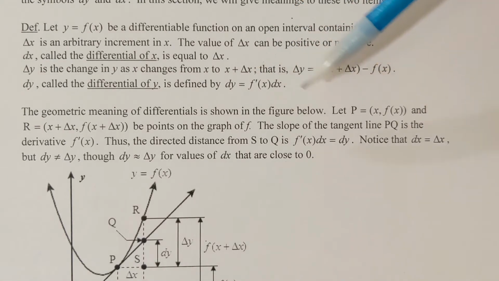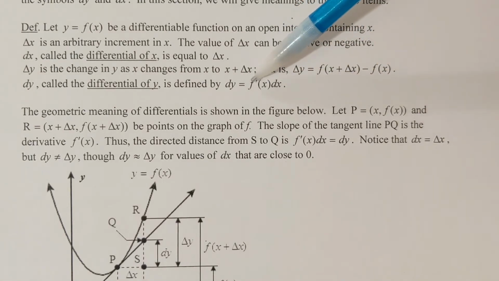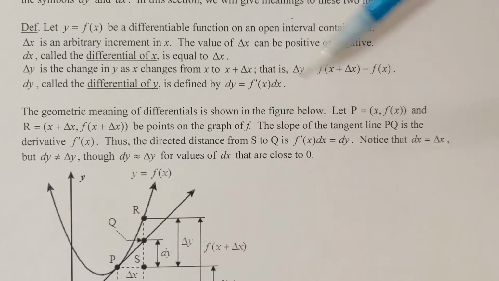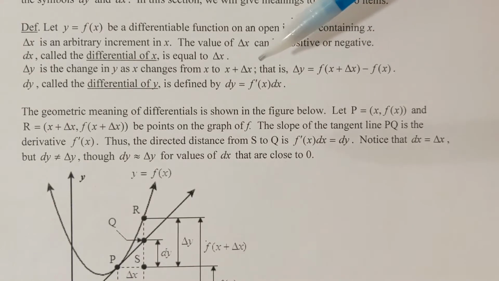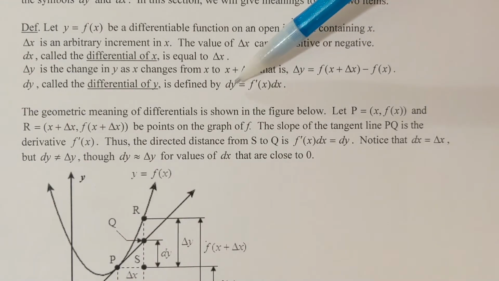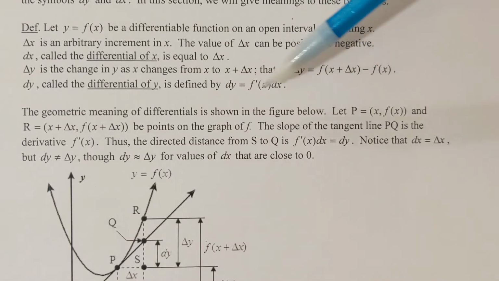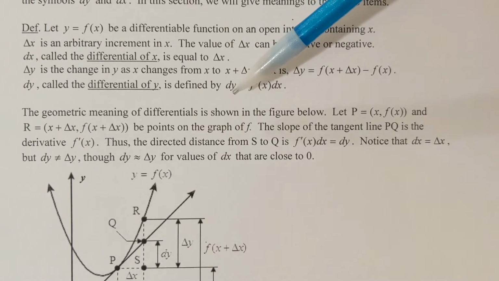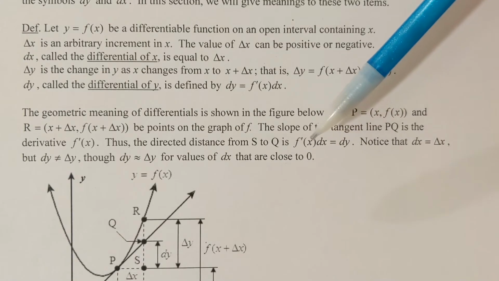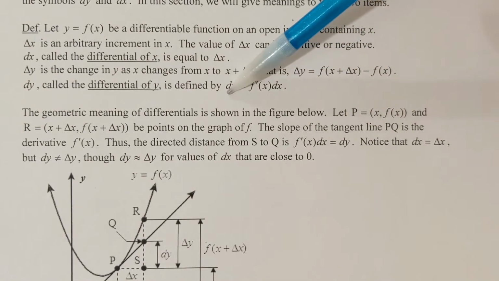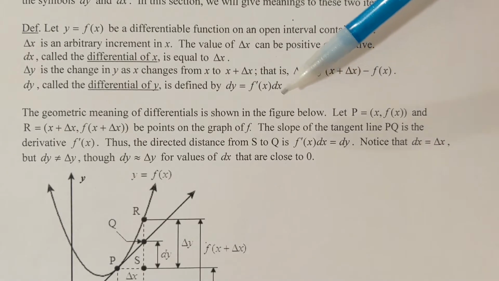Dy is defined by dy equals f prime of x dx. Now, in this section, we're giving separate meanings to dy and dx. Dy dx is notation that we use to represent f prime of x. So if we're describing these symbols individually, I am basically multiplying both sides by dx here to get dy.